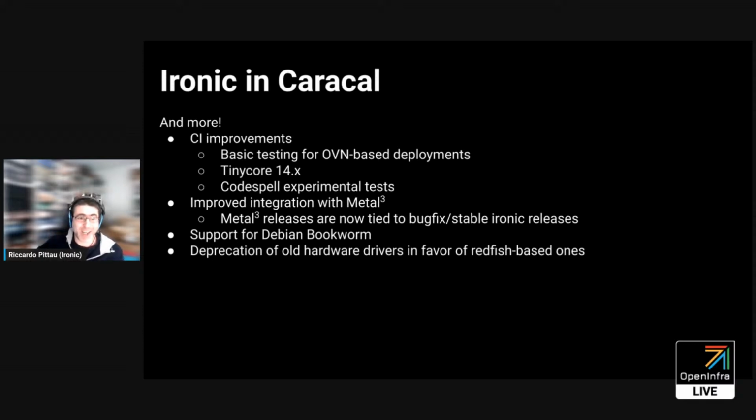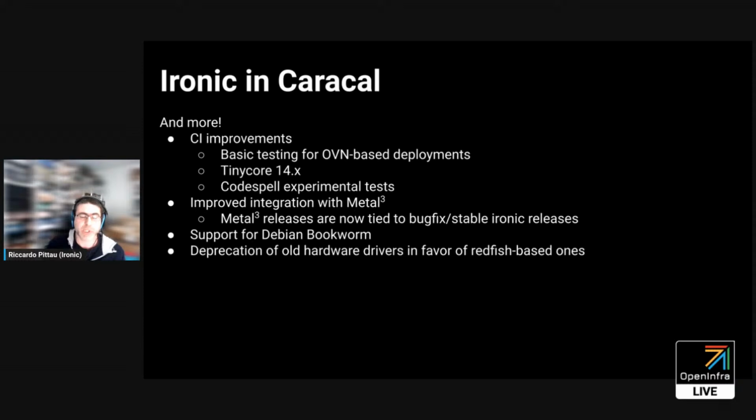So, even more features. We actually had a very big cycle, with a lot of things to talk about, so it was hard to choose among all of them. But anyway, let's continue. These are lighter things. We have some CI improvements: some basic testing for OVN-based deployments related to the support for VTAP OVN.